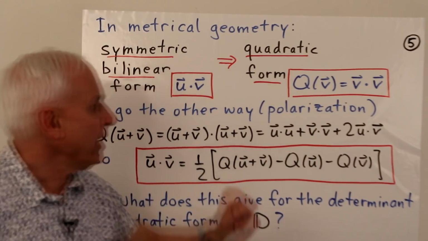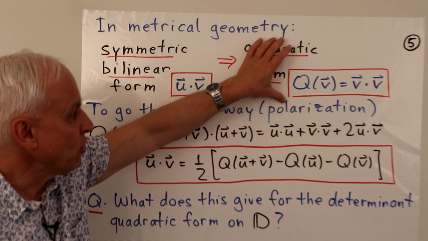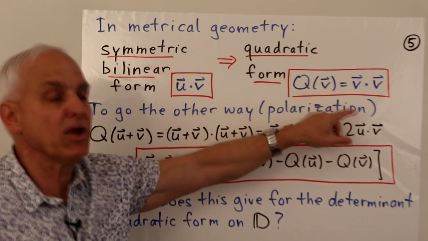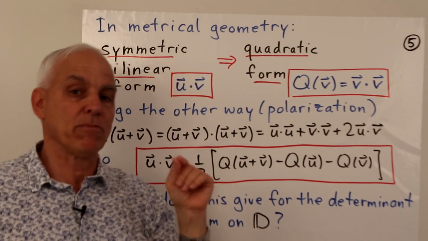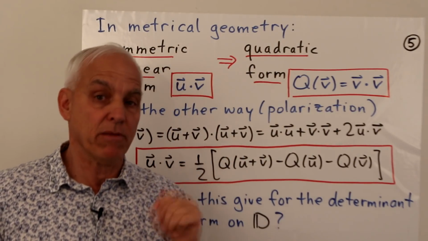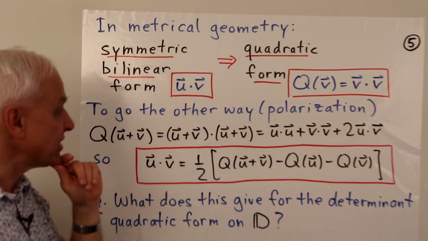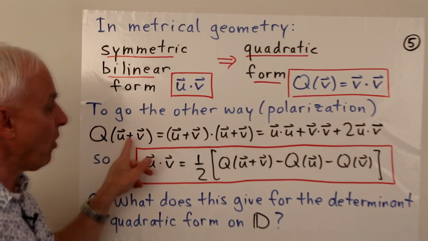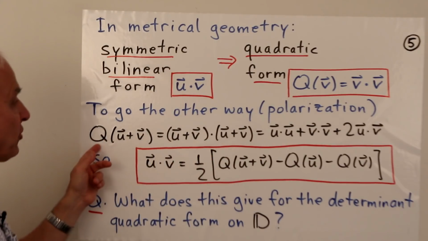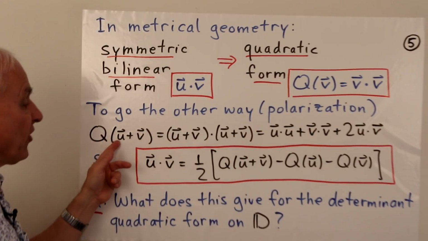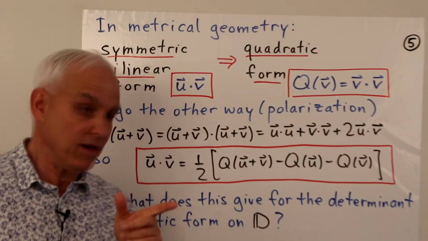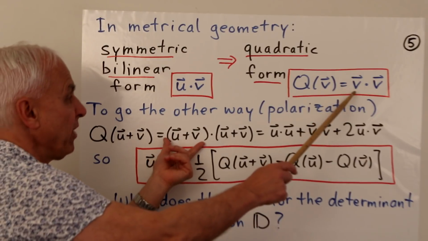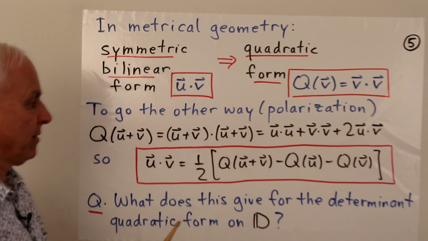But crucially, it's also well known that you can start with the quadratic form and recover the symmetric bilinear form, which is completely determined by it. And this way of doing this is called polarization, and it's all involved in this identity here. If you take the quadrance in this sense of the sum of 2 vectors, u plus v, then that's going to be u plus v dot u plus v.